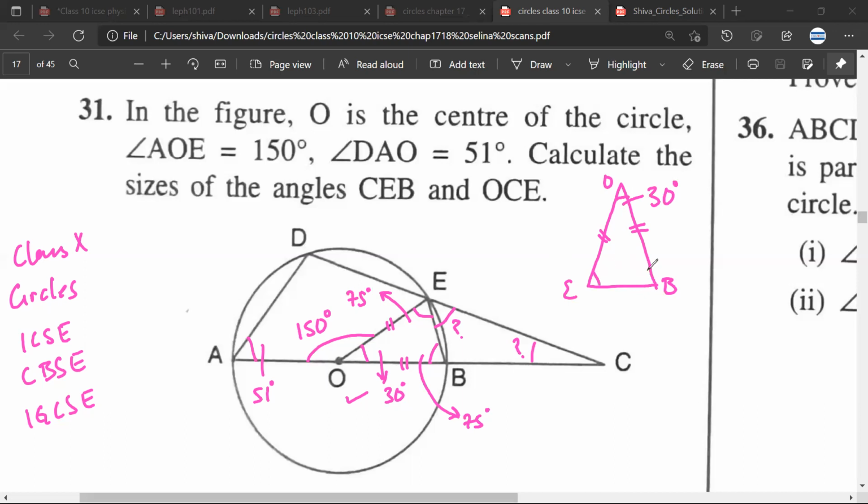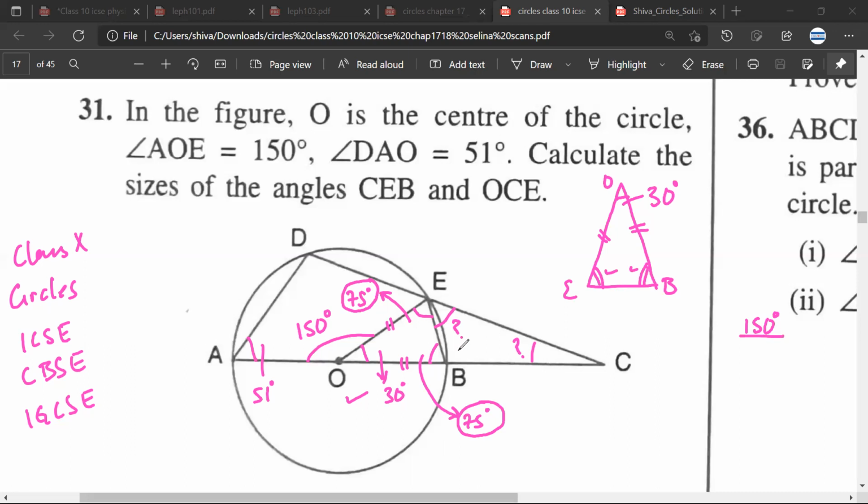Because these two angles are equal, this is an isosceles triangle. So if this is 30 degrees, we are left with 150 degrees, and this 150 degrees has to be equally distributed here and here. That is why this angle would be 75 degrees and this angle would be 75 degrees. Do we agree? Yes. Okay, what next?